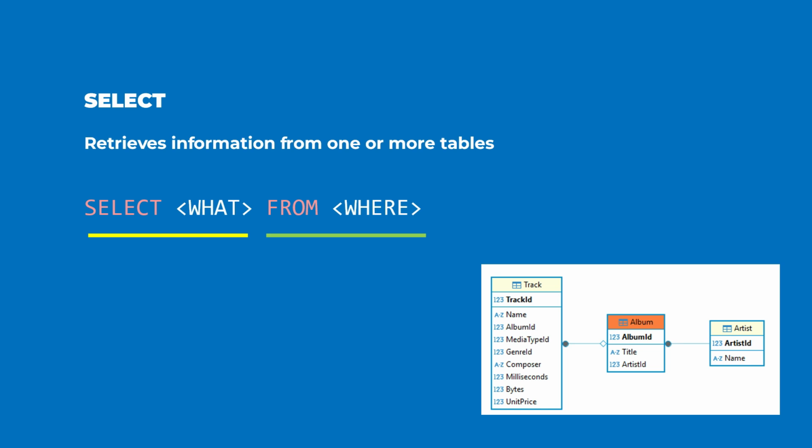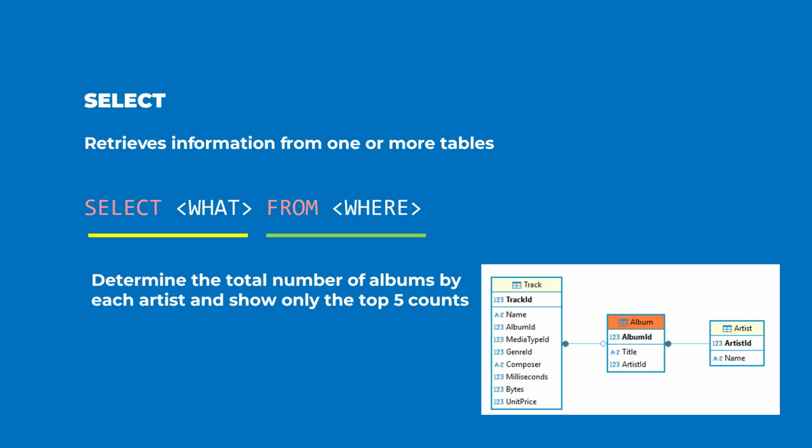Another way to use subqueries is in creating calculated fields. Let's revisit another problem where we were interested in the total number of albums by each artist, and more specifically the top 5 artists with the most albums. In the previous example we used grouping. Here we will use subqueries as calculated fields.